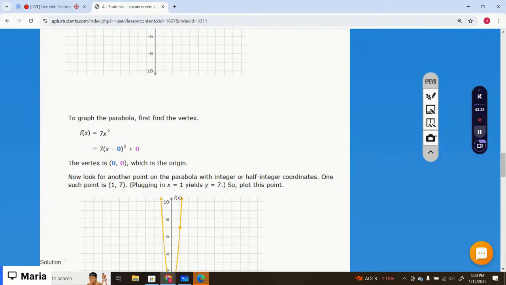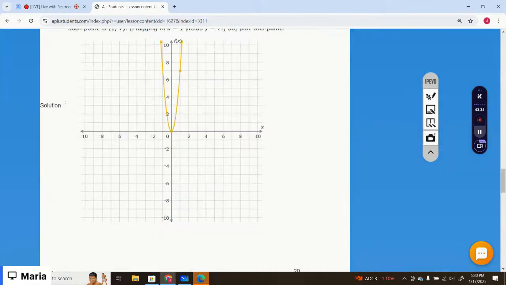So when x equals 1, you need a point. When x equals 1, y equals 7. So here is the point and vertex. Just join the point and vertex and you have the parabola.